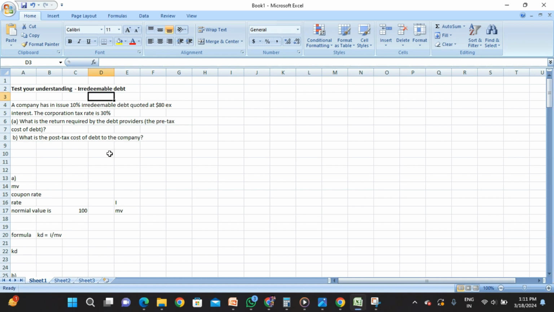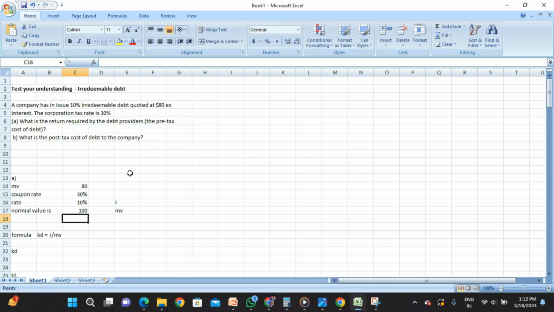So let's begin. First we write the market value. Market value will be 80. The tax rate will be 30%, and the interest is 10%. One more thing, you always remember that whenever there is a question on debt, you always take the nominal value to be 100.